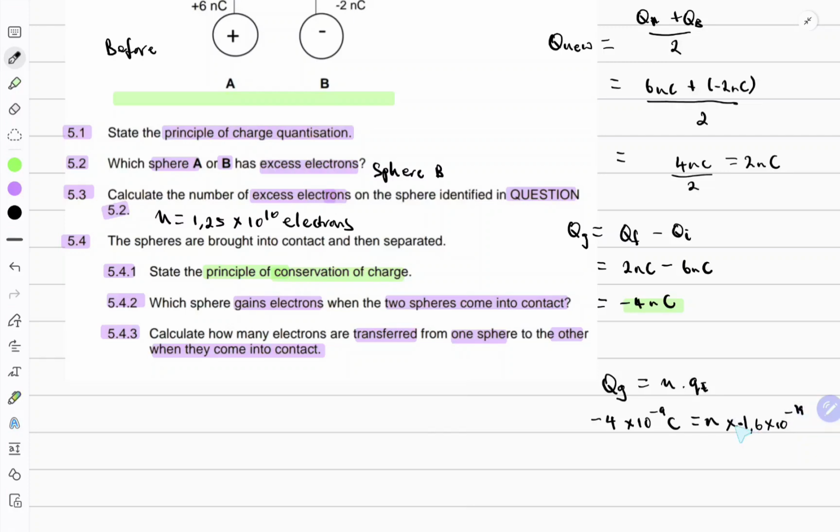This has to be negative because it's an electron. So you can divide throughout by negative 1,6 times 10 to the power of negative 19, and likewise this side, negative 1,6 times 10 to the power of negative 19. Therefore, N is equal to 2,5 times 10 to the power of 10 electrons.